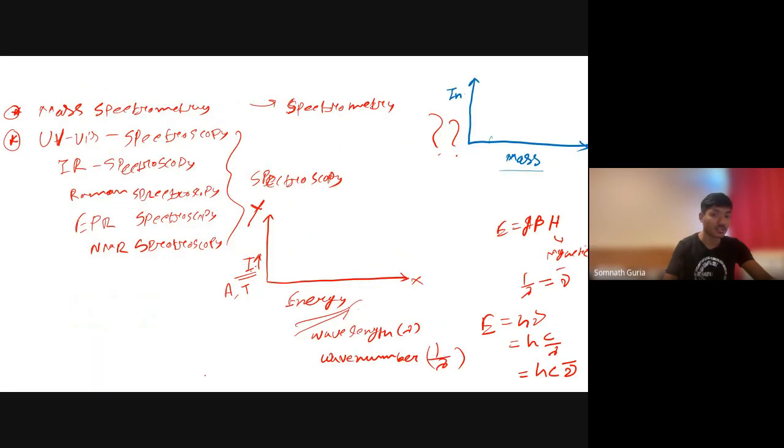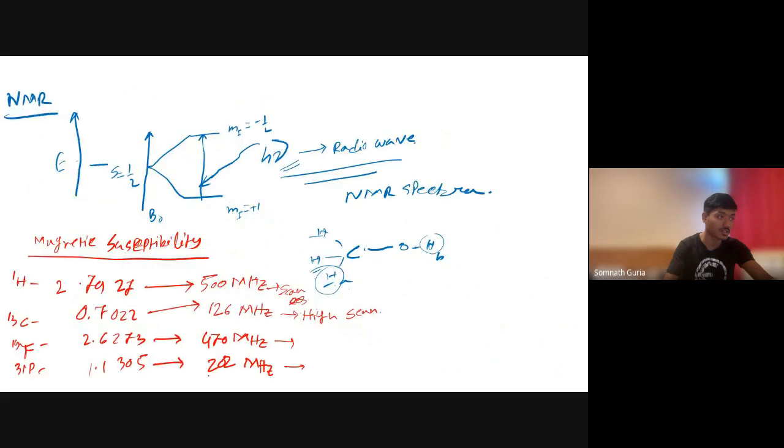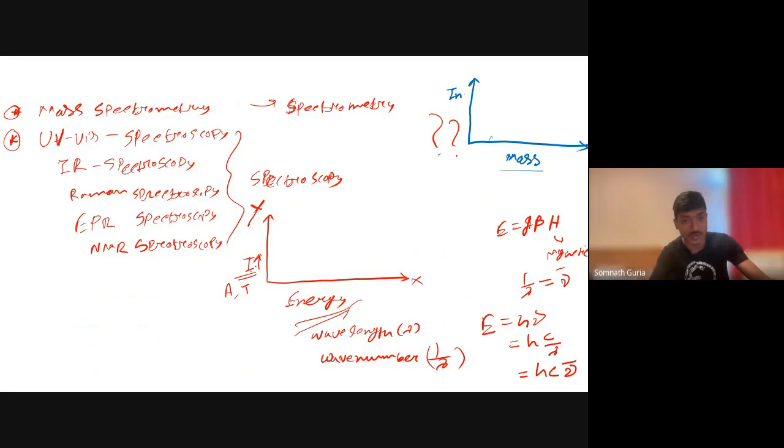And then we moved towards a different spectroscopy, called Mossbauer spectroscopy. We discussed a little bit about what spectroscopy is, why mass is called mass spectrometry, and why UV, IR and Raman are spectroscopy but mass is not.